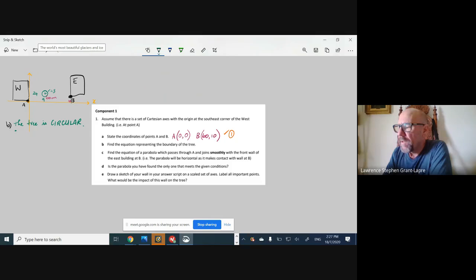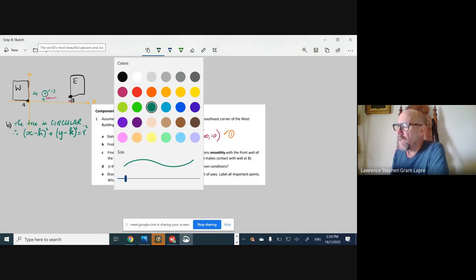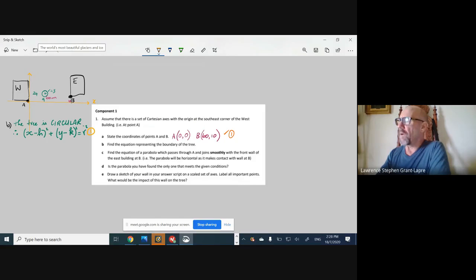Therefore, the formula that we're going to use is x minus some center value squared plus y minus some center value squared equals r squared. Now, if you just said that, you would get 1 mark if you didn't do anything else. However, you needed to state the formula.